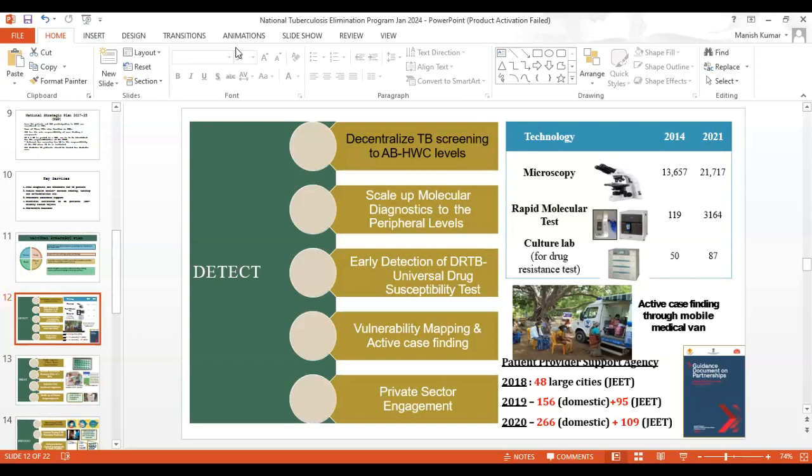The issue is, states like MP, Rajasthan, Bihar, UP, do they have CBNAAT and TrueNat at district levels? They have TrueNat and CBNAAT at block levels also, in MP and Rajasthan. Yes, it is there, sir. We are trying to decentralize it further down, but presently all blocks have at least either TrueNat or CBNAAT. For the past 2 years I have been based in UP and Bihar.